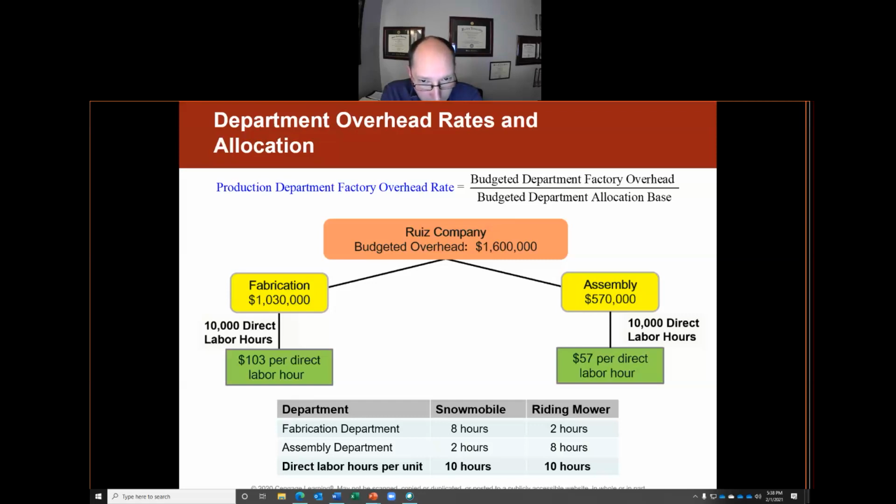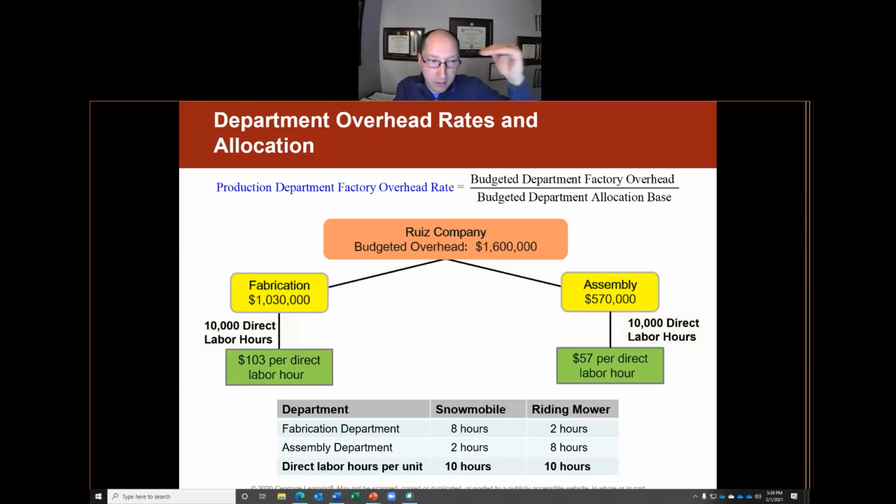So think of the plant-wide method that we talked about earlier. That's the whole plant. That's the whole 1.6 million divided by the whole labor hours. Now the way to think about it is we're getting a little bit more granular. We're getting more focused. So all we're doing is we're looking at one department at a time. Okay? That's the idea. So department budget divided by department allocation.